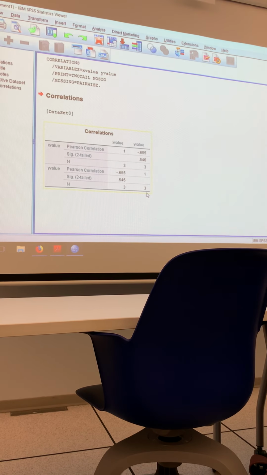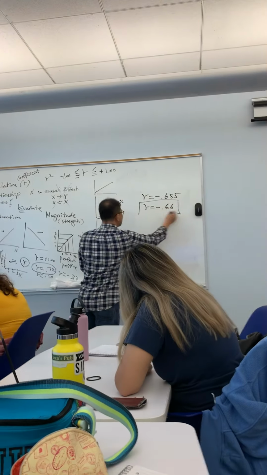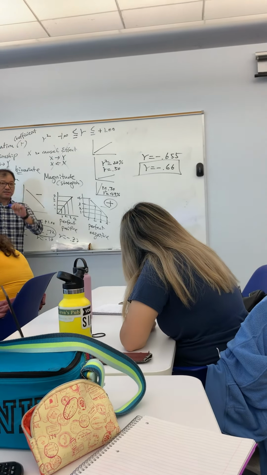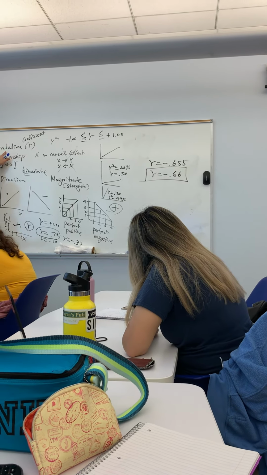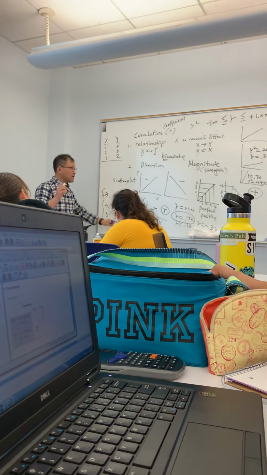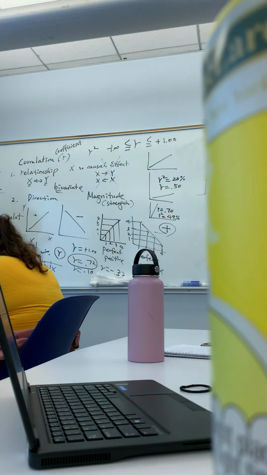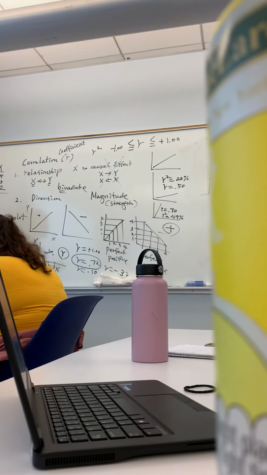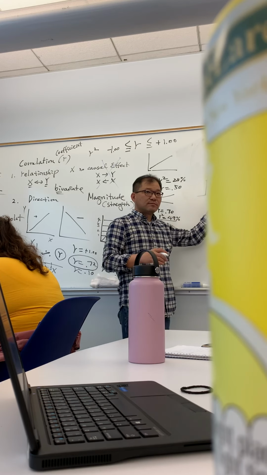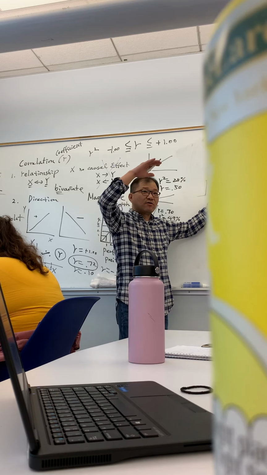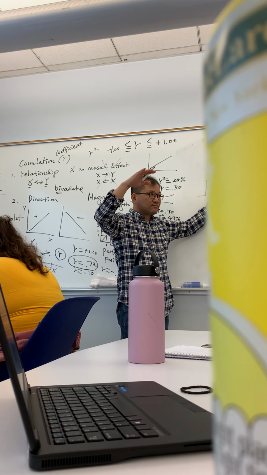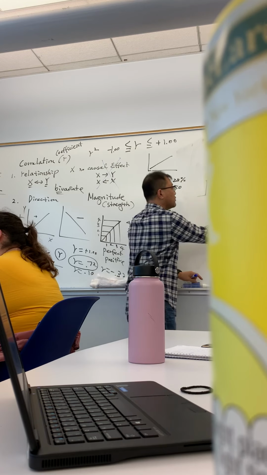Almost r equals negative 0.66. So we just got the correlation coefficient between the two variables, x and y. We estimated maybe they have a little positive relationship. SPSS is telling us whether their relationship is positive or negative. Negative. What does that mean? When x goes up, y goes down. That's a negative. We have a negative.